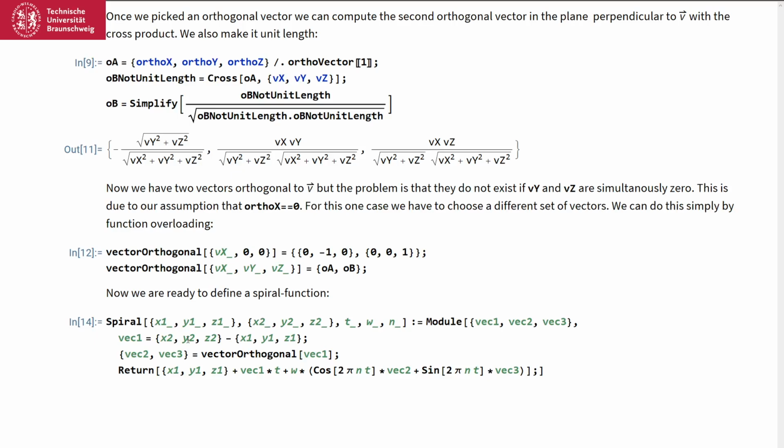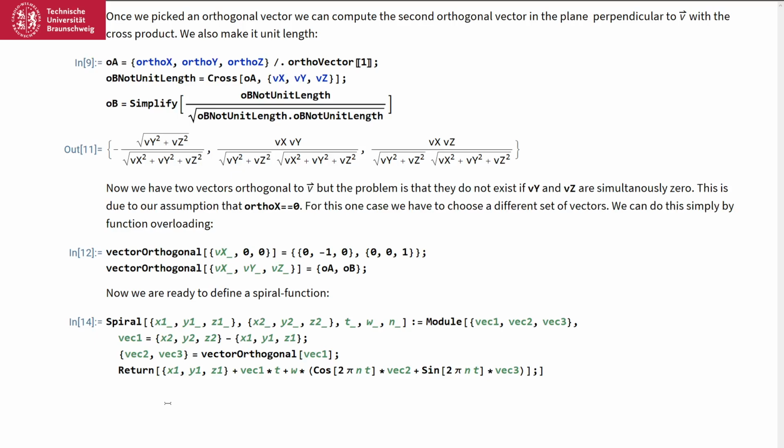This is like we are shifting the vector, so we are putting ourselves in the coordinate system of the starting point here, right? Then we compute the orthogonal vectors by the function that we just defined, also vector orthogonal, yeah.